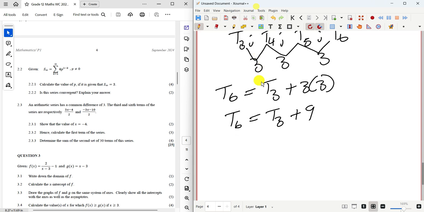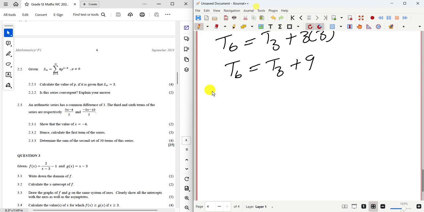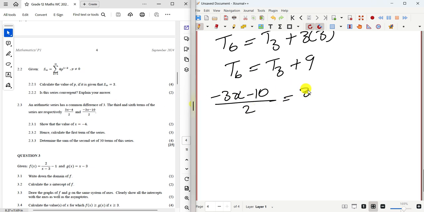So what is term 6? Term 6 is (negative 3x minus 10) all over 2. Term 3 is (3x minus 4) all over 2 plus 9. Now we multiply throughout by 2.